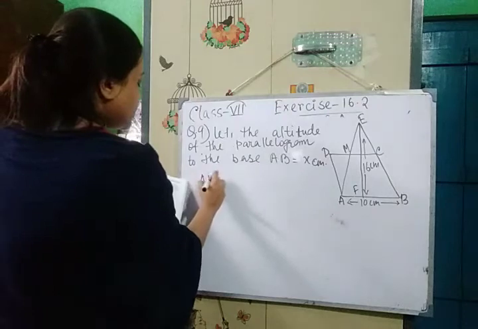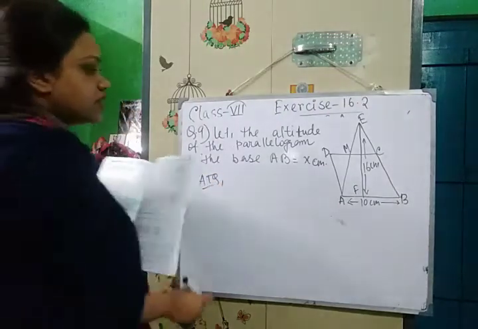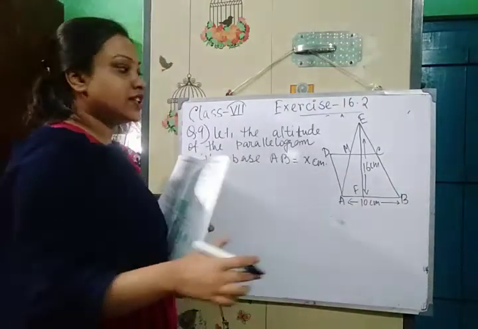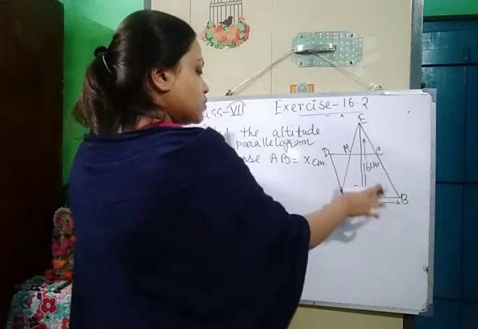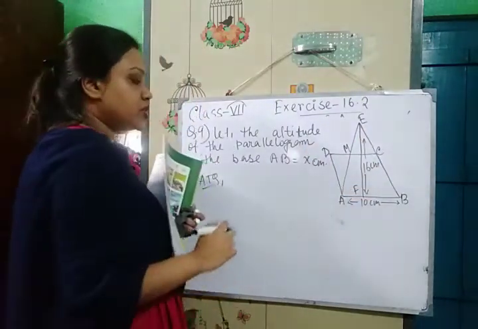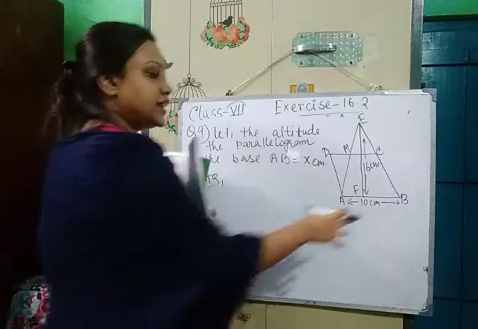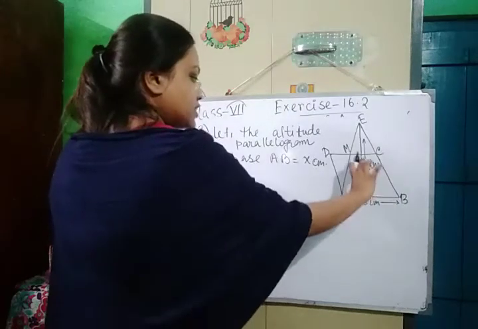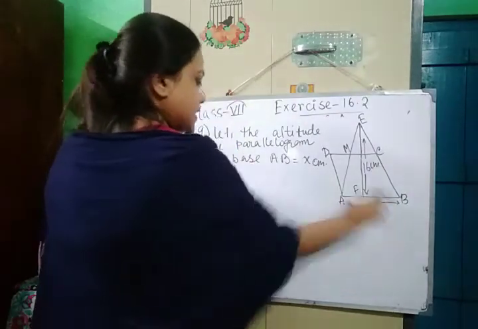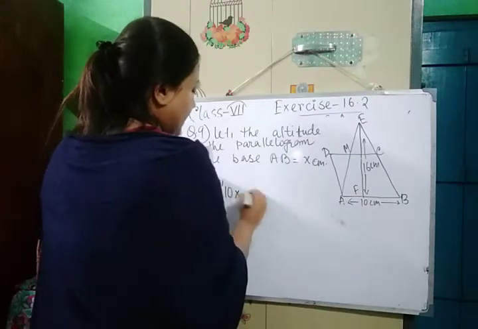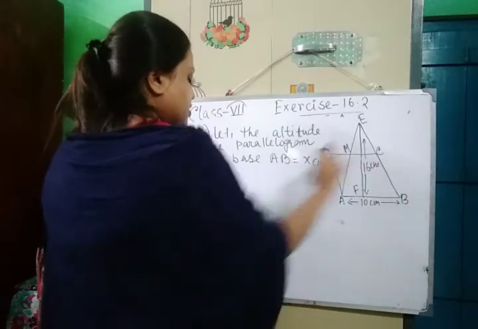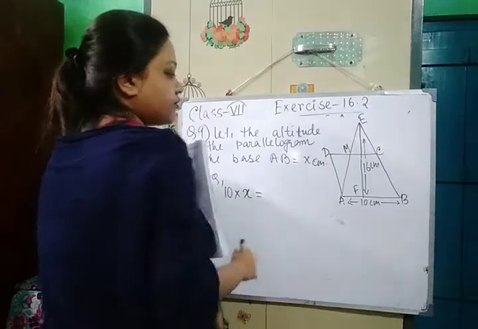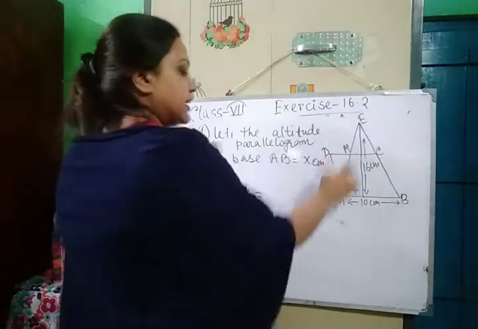So according to the question, it is mentioned in the question that the area of the triangle is equal to the area of the parallelogram. So what is the formula to find out the area of the parallelogram? Base into height. So base is 10 centimeter and x is the height. We have assumed that x is the height, which is equal to the area of the triangle ABE.